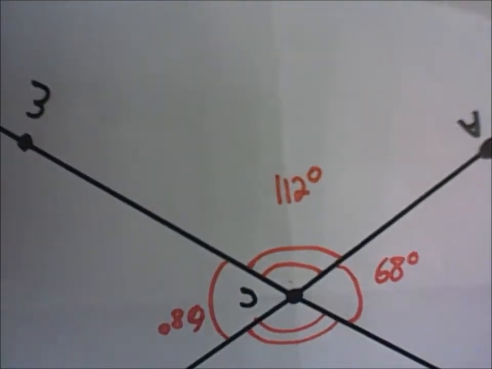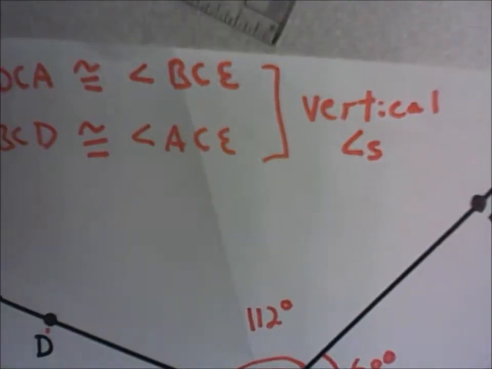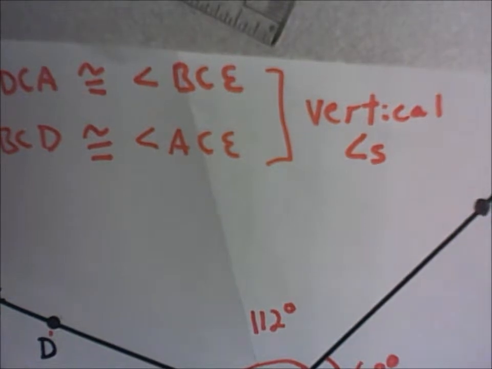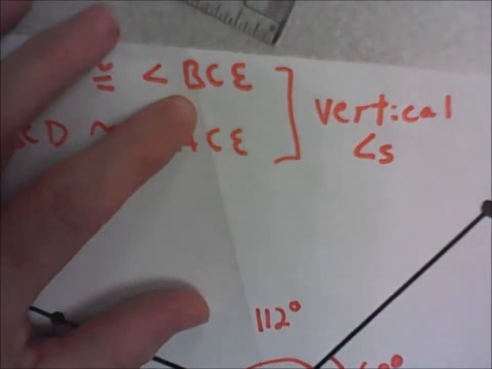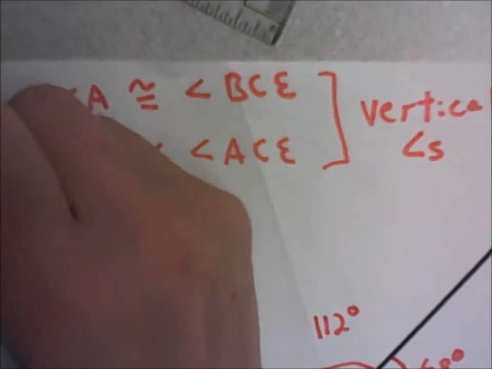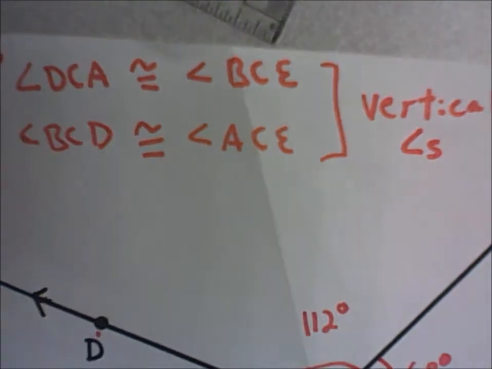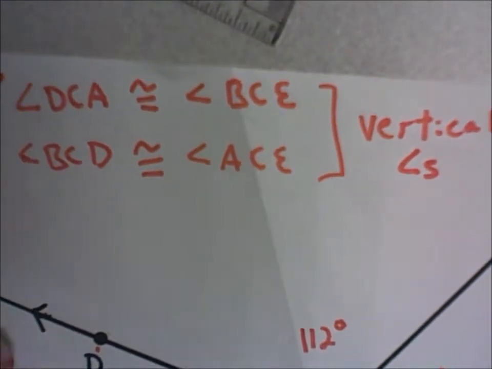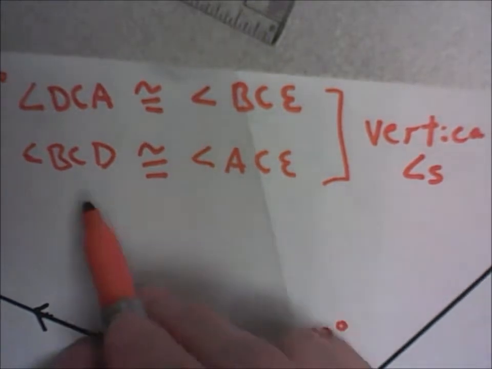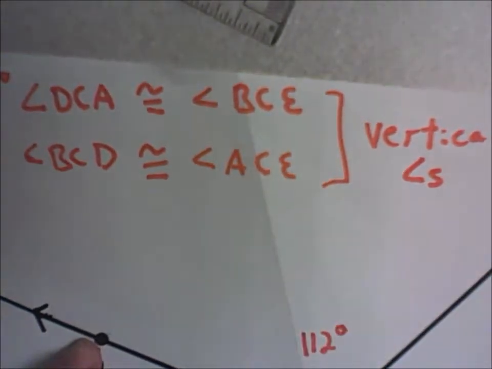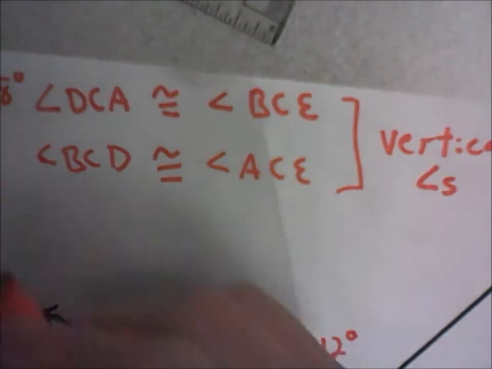And so you do in fact see that DCA was 68 degrees and BCE was also 68 degrees. These were 68 degrees. And here's B, C, D, BCD, that's this one, and ACE are both 112 degrees.